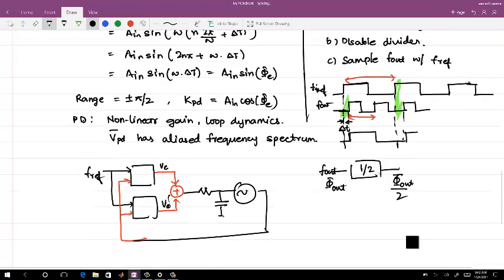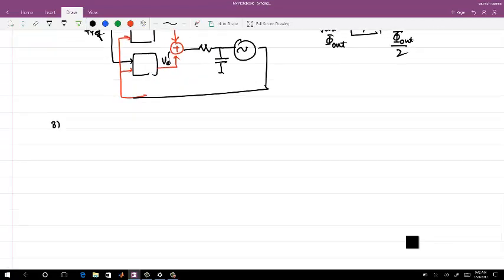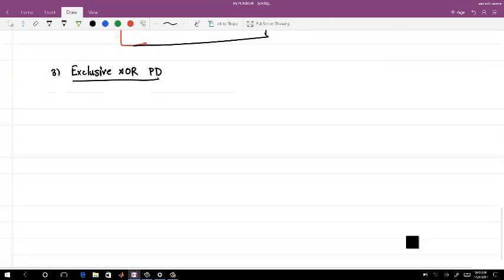Okay. So we have just seen the analog phase detector. The next one is the exclusive-OR, XOR phase detector, and this is digital in implementation.